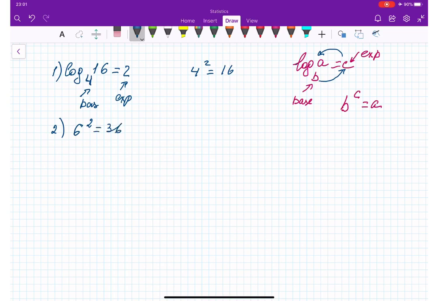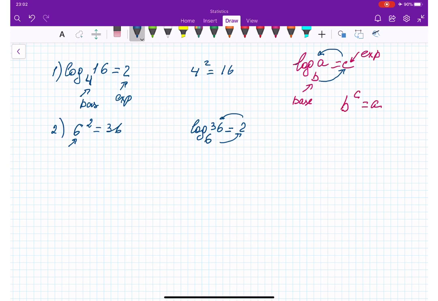Now in logarithmic form, it's going to be logarithm. So this 6 is my base, right? It's coming here, 6. And the exponent is 2. 6 raised to power 2 is equal 36.